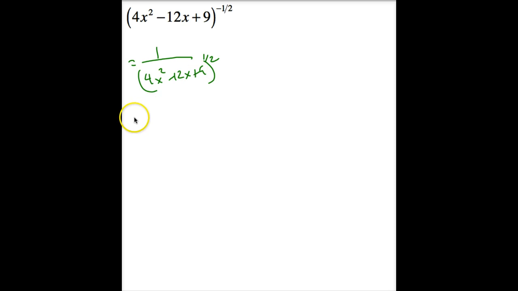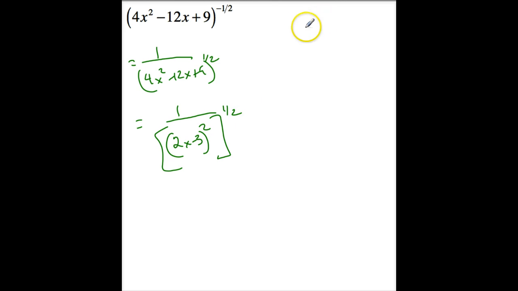When I factor the denominator, I get 1 over (2x minus 3) squared, to the 1/2. Now you will remember that the absolute value of x is equal to the square root of x squared. So this becomes 1 over the absolute value of 2x minus 3. Now, I know a lot of books will just write this as 1 over 2x minus 3. So you really have to be careful with your notation.